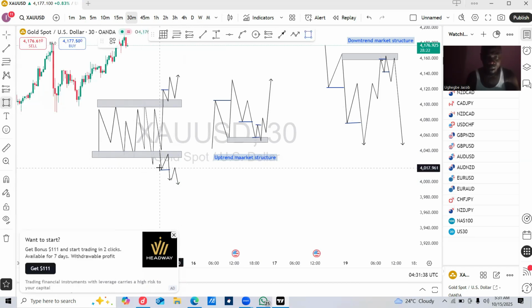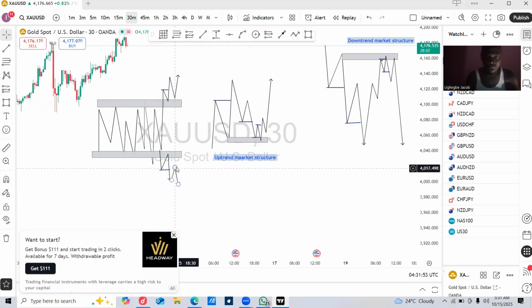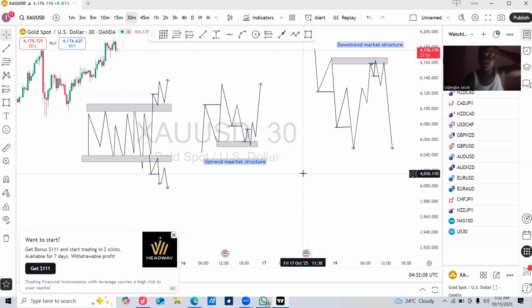They will take this area as their point of interest and start selling. But I prefer that the market pull deep into this area of fair value gap, somewhere here, or this area, or somewhere here. Or you can even use your Fibonacci tools to measure it before you take your trade.